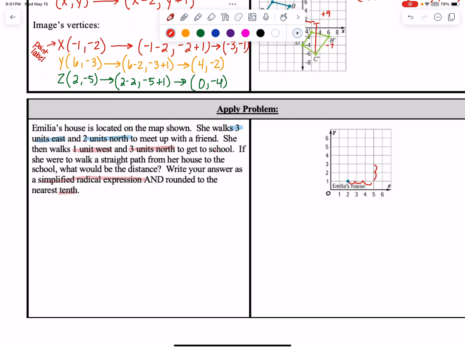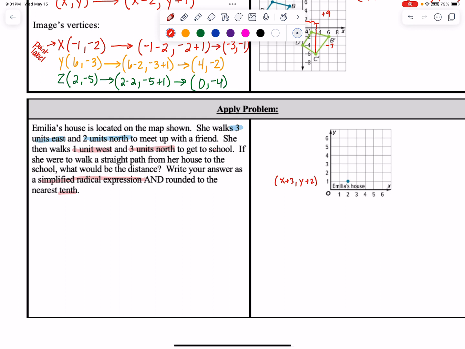So the first point isn't the 3 units east. The first point is at the ordered pair 3, 2. So really we're moving over 3 and up 2, or a better way of putting it would be X plus 3 and Y plus 2.